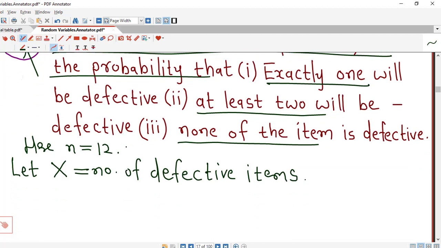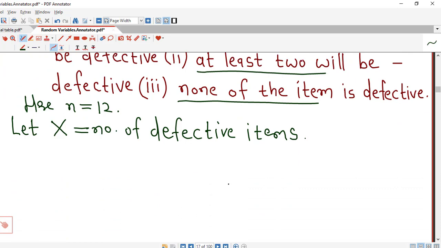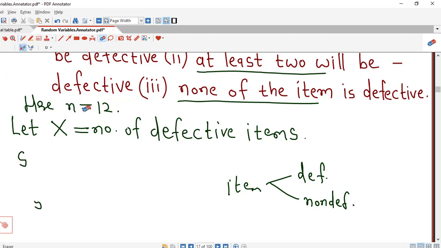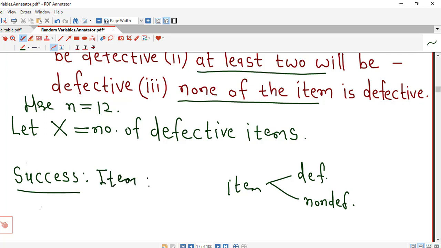Now for each item there are two possibilities: either the item is defective or non-defective. So we consider success as the event that the item is defective.